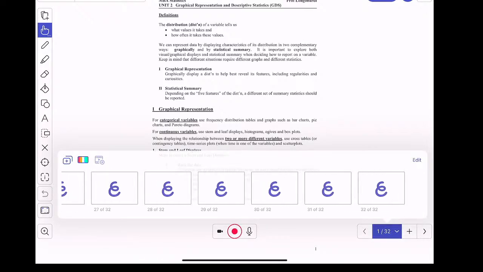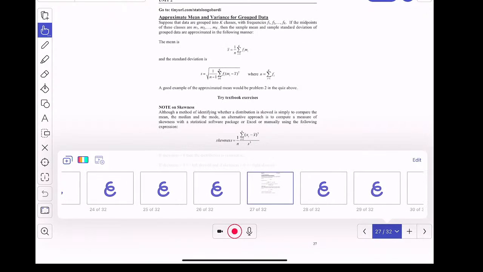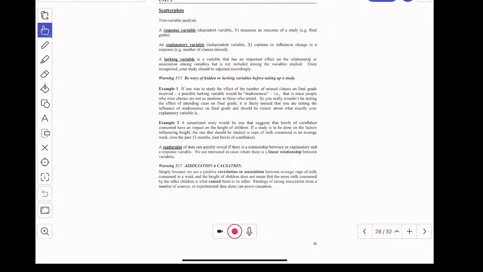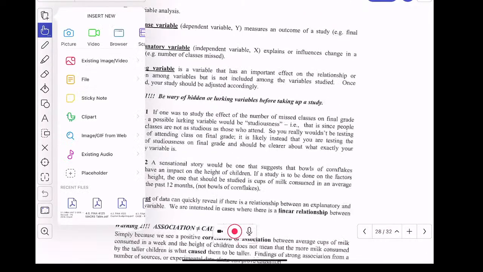Towards the end, I discussed two variable analysis.